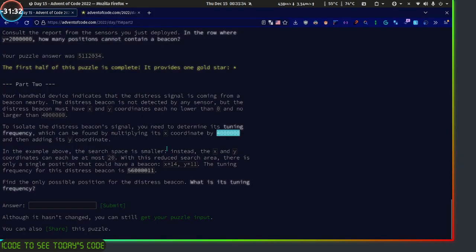There's gotta be a math logic thing in here somewhere. It's not detected by any sensor. Must have each no lower than this. Gotta be a math in here. So I'm definitely gotta stay inside the ranges.